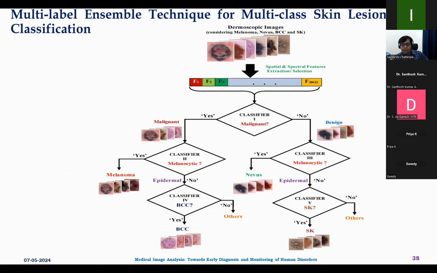Here an ensemble model has been used. Why? Because as I have told, we need to identify the subclass categorization, that whether that particular class has any potential to become malignant, whether there is any chance of recurrence or not, right?